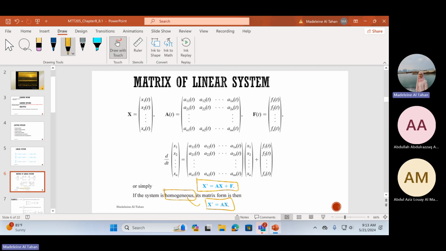Here I'm giving you the number of equations equal to the number of unknowns. Any idea why? Which method creates eigenvalues, right? So if the number of equations is not equal to the number of unknowns, would we get a square matrix? So we need square matrices in order to find their eigenvalues and eigenvectors.